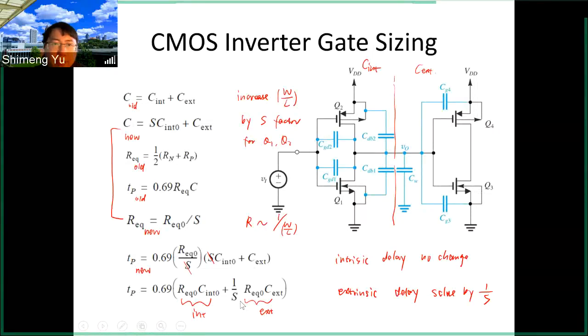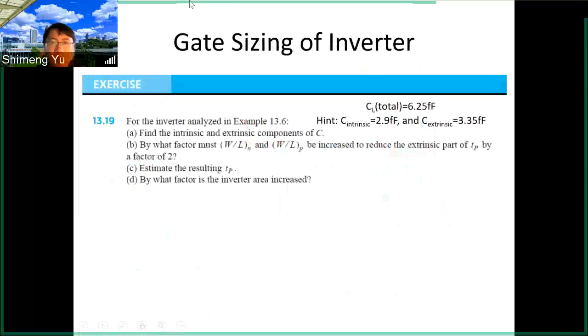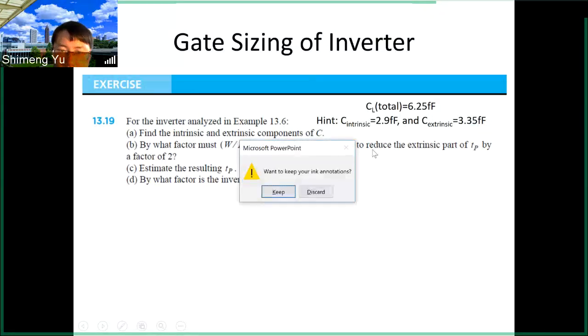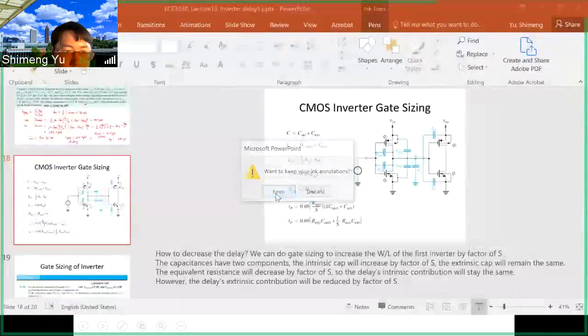Then let's practice the conclusions we have on this example. This is a follow-up of the previous example, where we have C total of 6.25 femtofarad, and here we break down the intrinsic and extrinsic cap into two, which is given for you: 2.9 versus 3.35. And then the delay, from the previous example, is 28 picosecond.